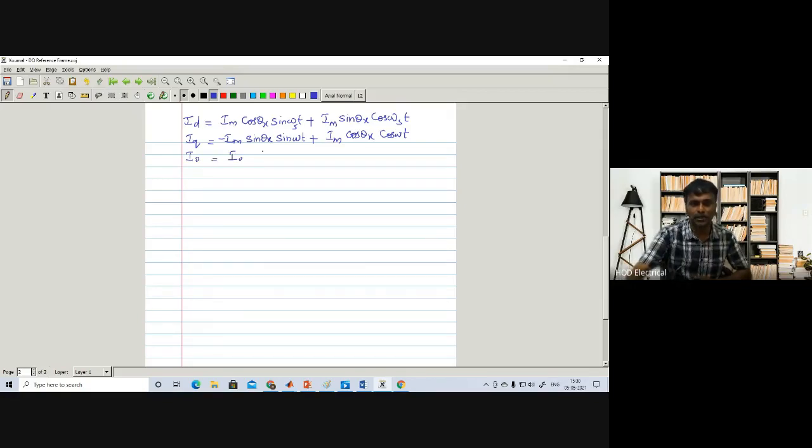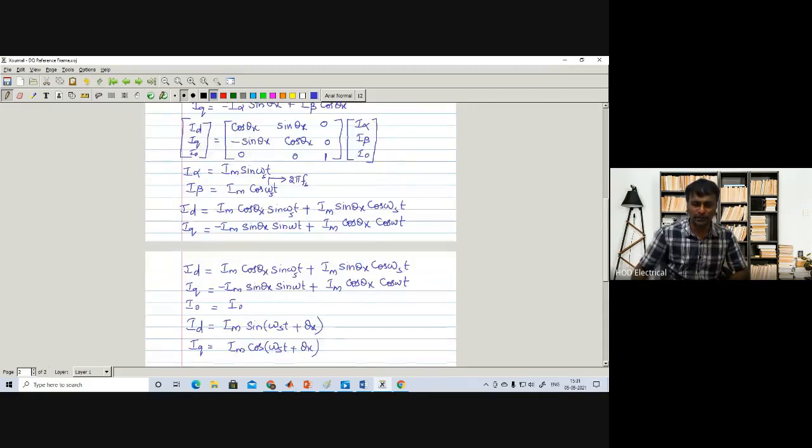From this we can conclude, we know the sine and cos identities, so we can write ID as nothing but Im into sine of omega s into t plus theta x, and IQ equal to Im into cos of omega s into t plus theta x. So this is the value of ID and IQ.